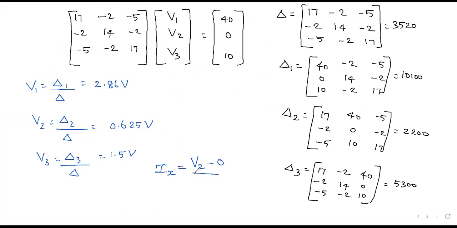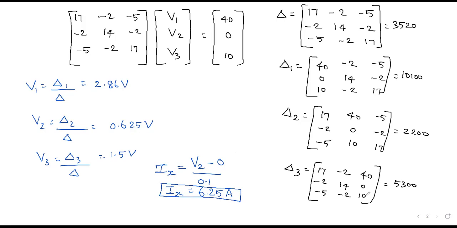So Ix equals V2 by 0.1 ohm. V2 is 0.625 divided by 0.1. You will get 6.25 amps. That is the answer. So this is the current flowing through the 0.1 ohm resistor, at the center.